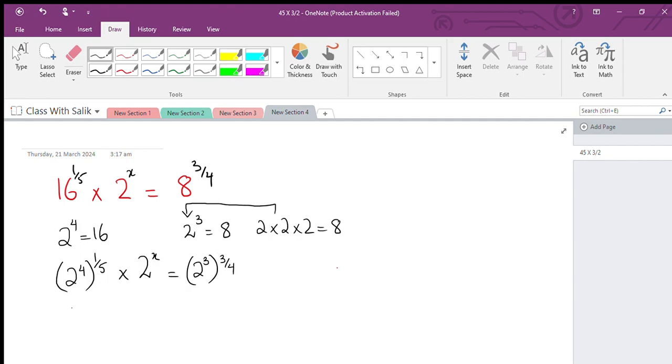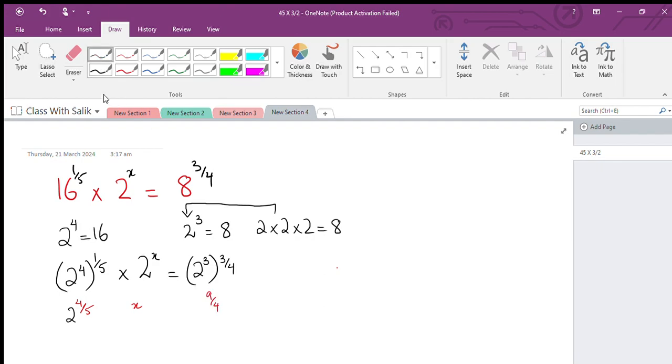So when I multiply the powers, 4 into 1 over 5, it will become 4 over 5. Sorry, let's change the color so that it's prominent. 4 over 5 x, and 3 multiplied by 3 over 4 is 9 over 4.